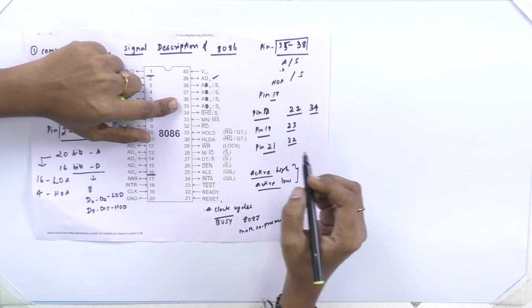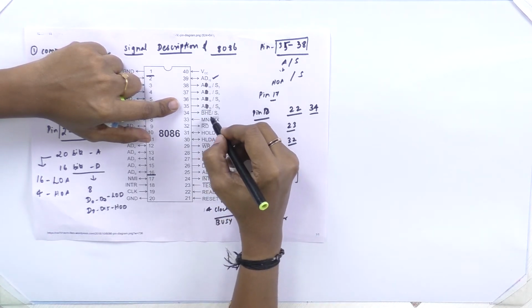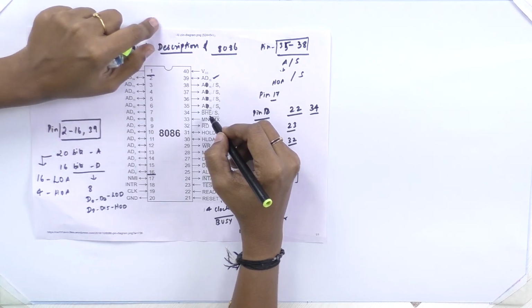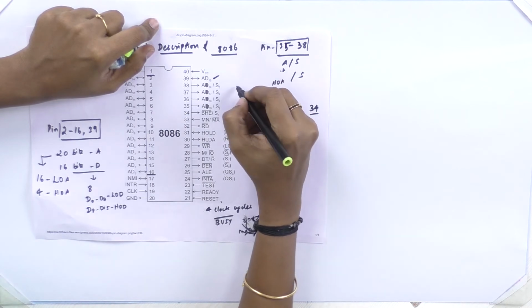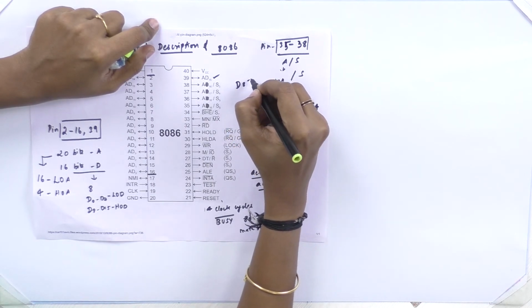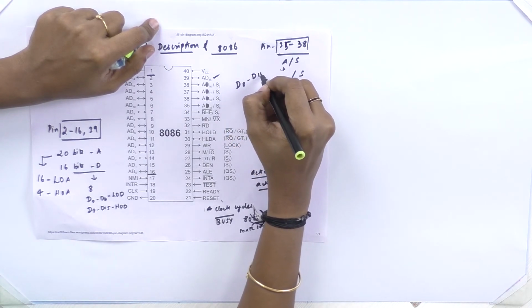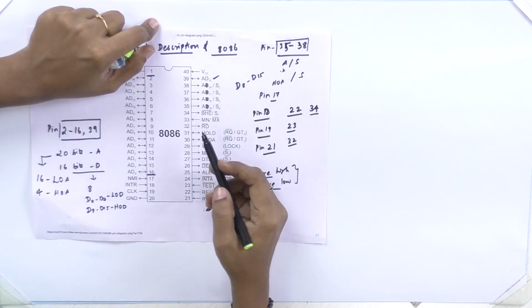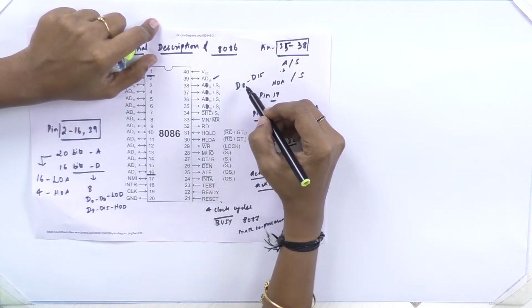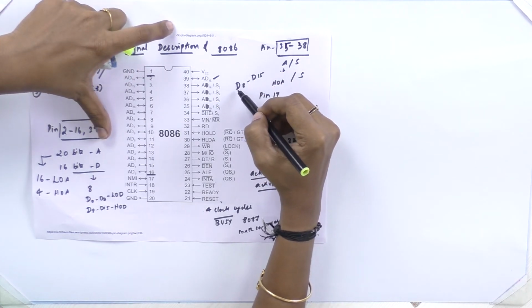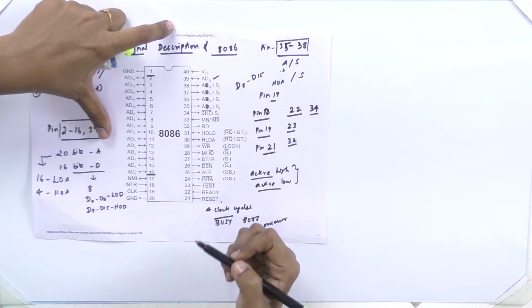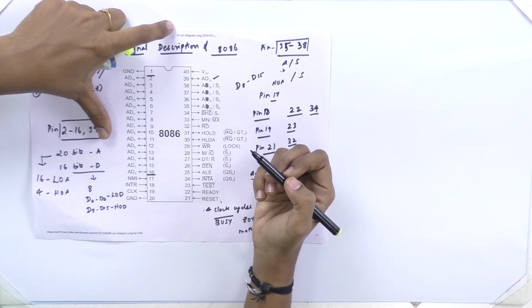When this bus high enable pin is active low, it indicates that valid data is transferred over the higher order data bus, that is D8 to D15. So that is the function of BHE.